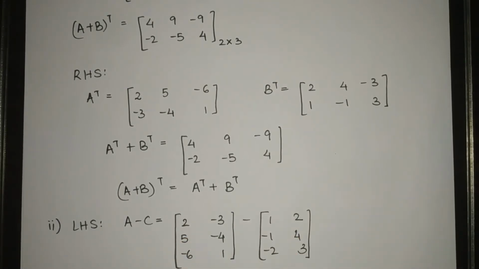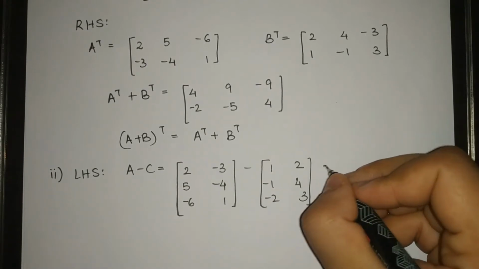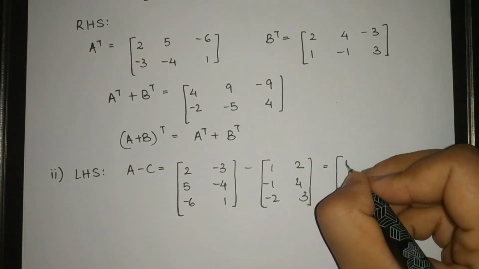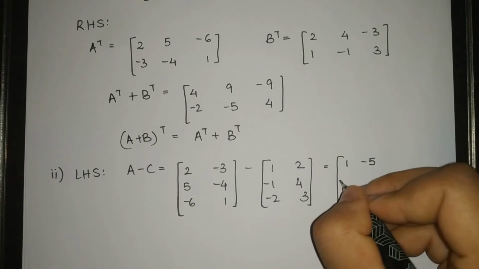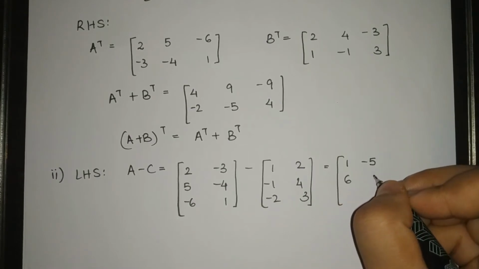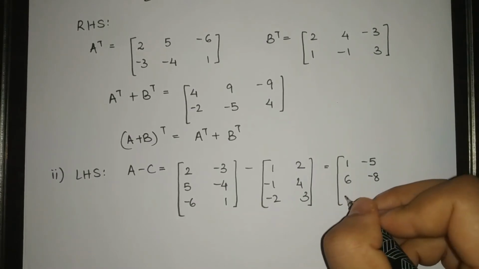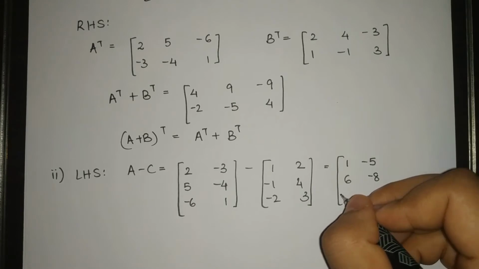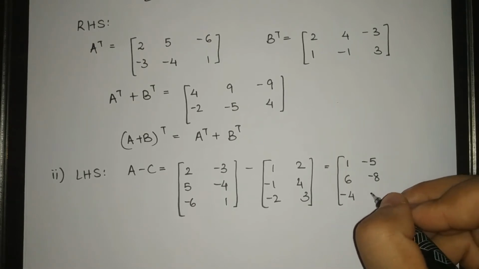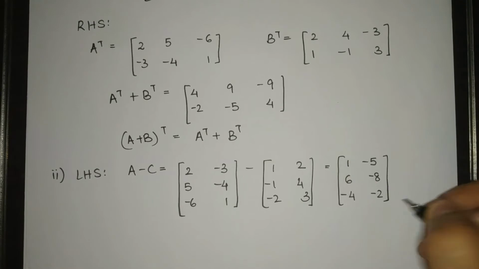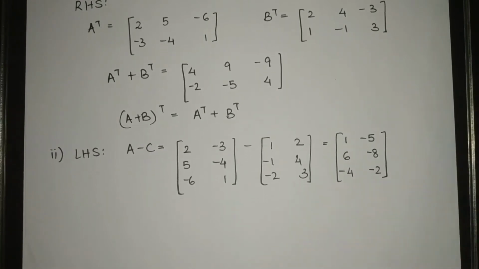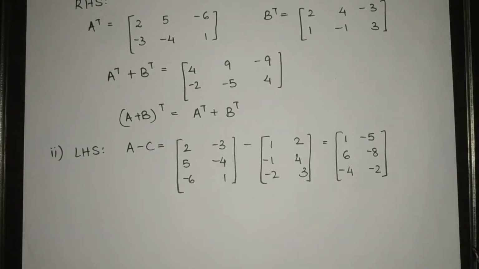This is A and this is C. Let's subtract. So we get that this is equal to 1, then we have minus 5, then we have 6, then we have minus 8, then we have minus 6 plus 2 which is minus 4, and 1 minus 3 which is minus 2.